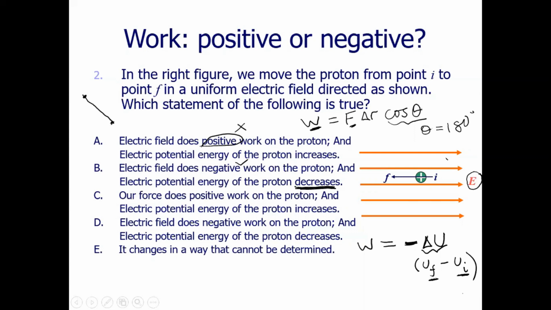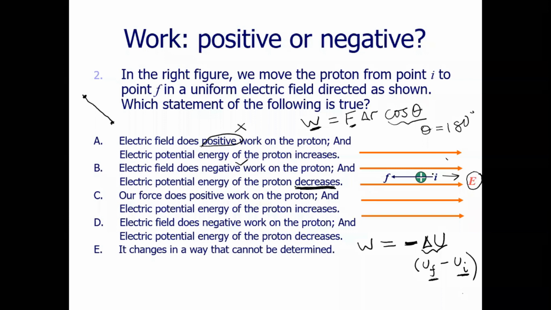In what direction is our force? The proton is positively charged, so the electric field is pushing in this direction. In order for it to move from here, we are applying a force in this direction.